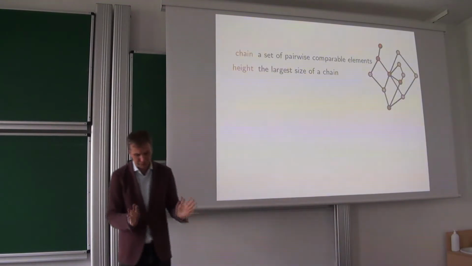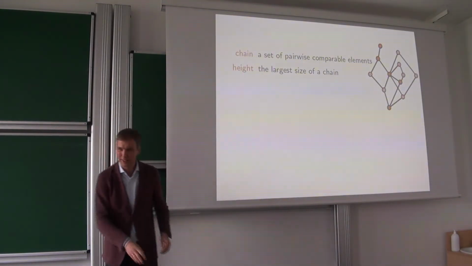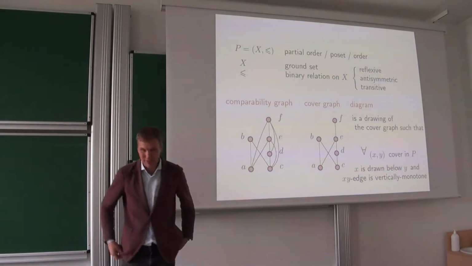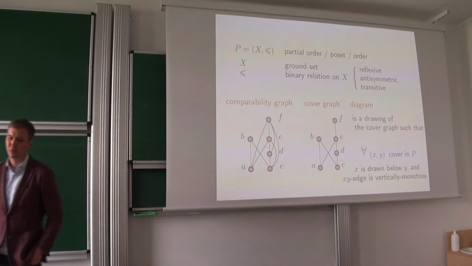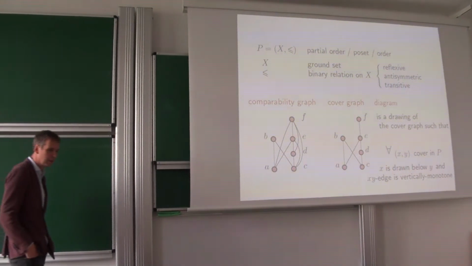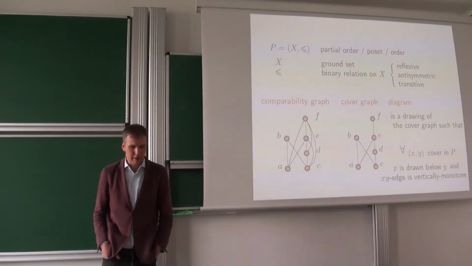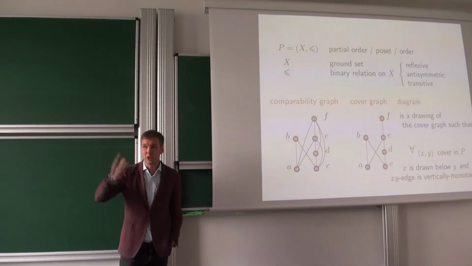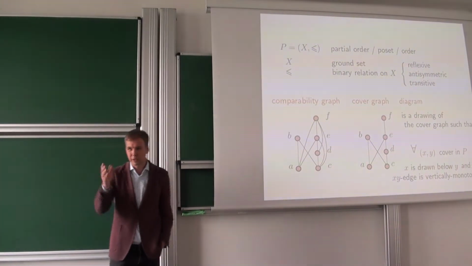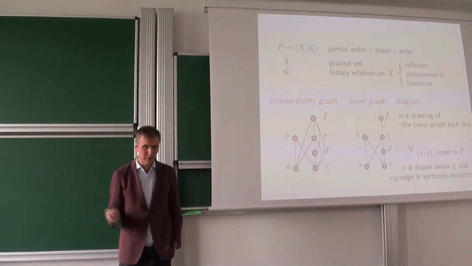Can you get any DAG as a cover graph? Well, first of all, a cover graph is an undirected graph, but there is an obvious orientation of it, and this is what you are thinking about.